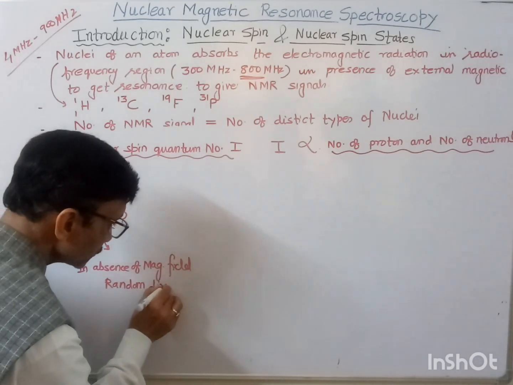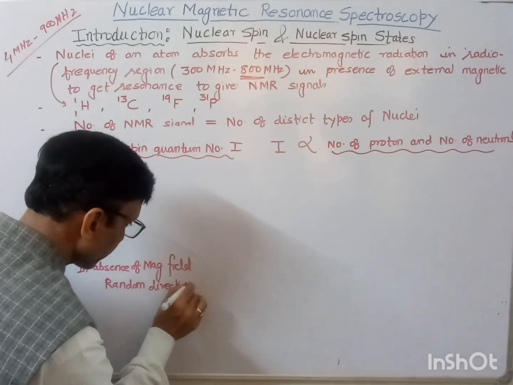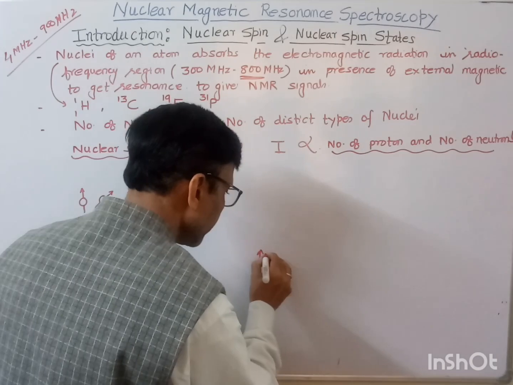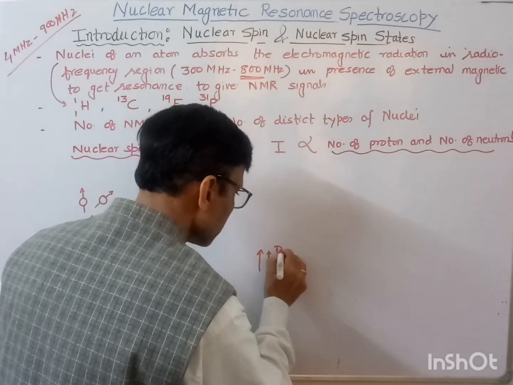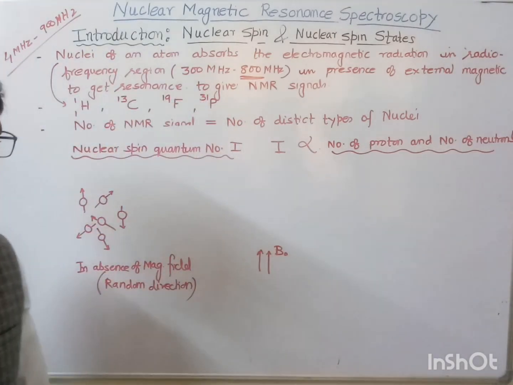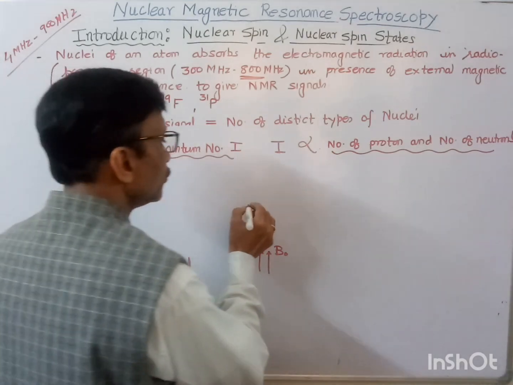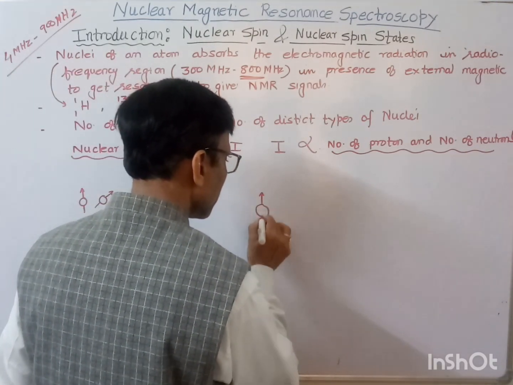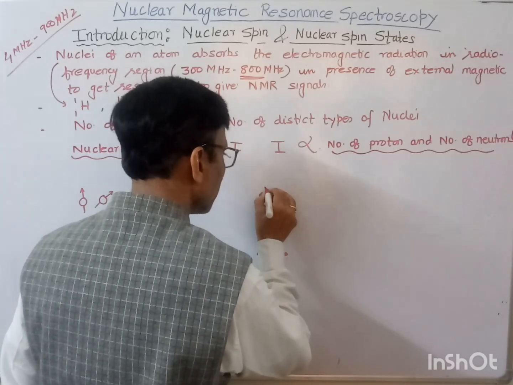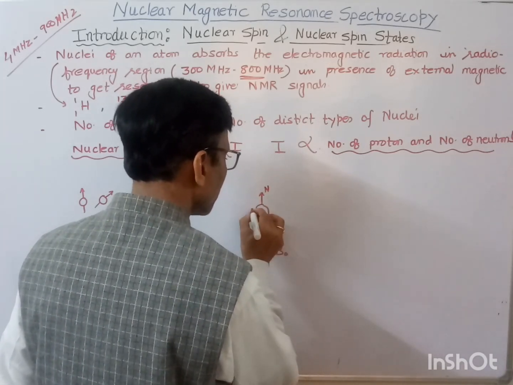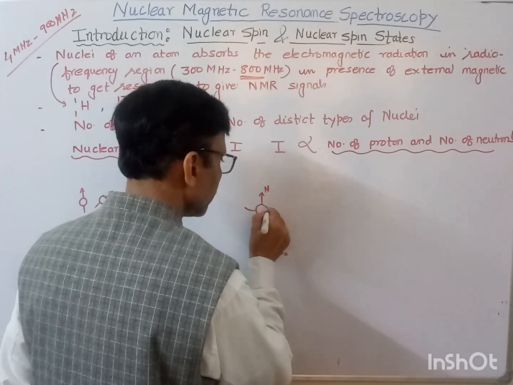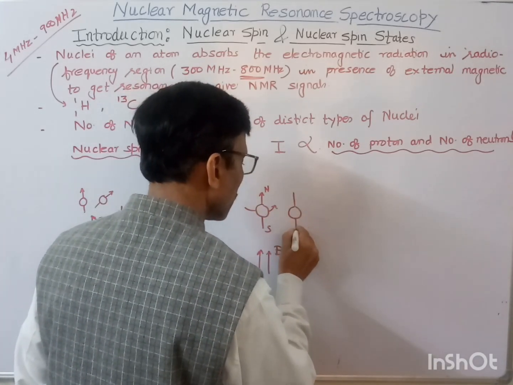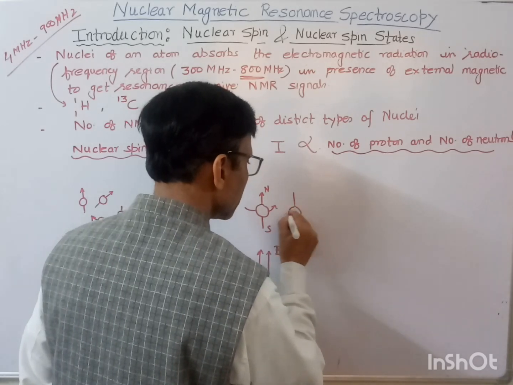And in the presence of an external magnetic field, suppose B0 is the external magnetic field, then the nuclei will have a certain fixed direction. It may have this direction or this direction.